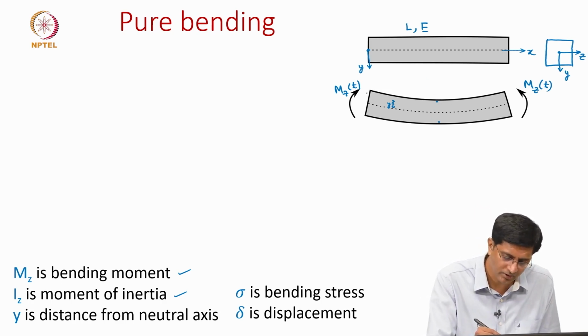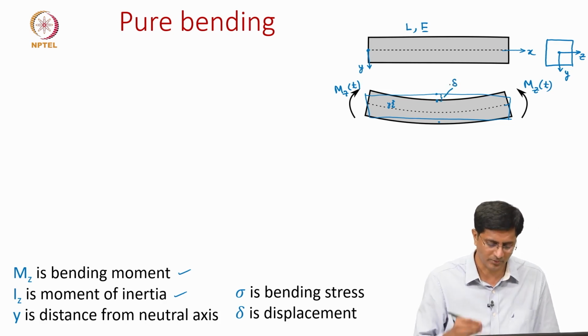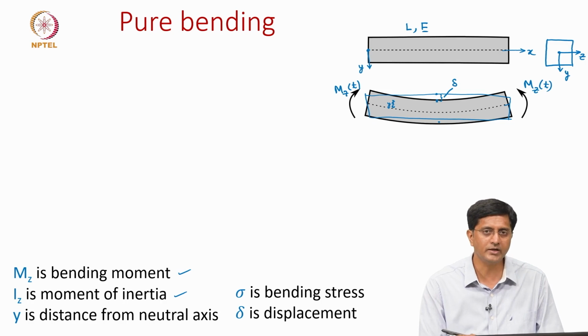From the undeformed to the deformed configuration, if we focus on the top end of the beam at the midpoint, this distance is the deflection we are talking about, delta. Now let us look at how we write the bending stresses in the beam.